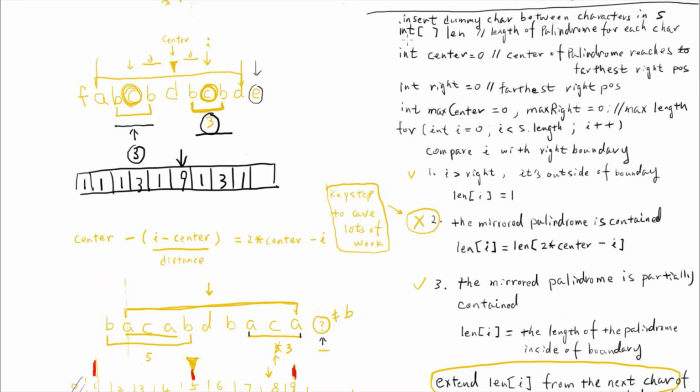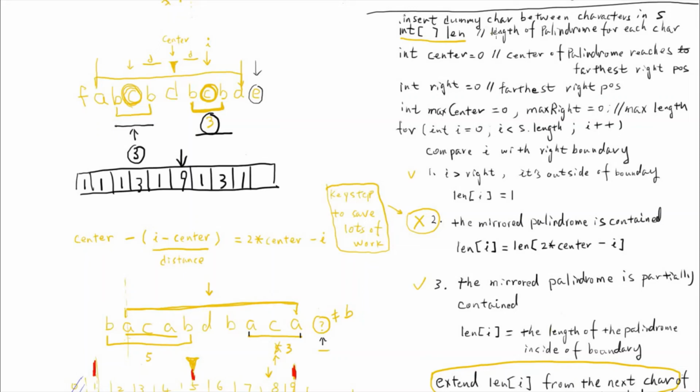Next, we will change the meaning of the integer array len. For example, the palindrome centered at the D has a length of 9. When we use the length of the palindrome for our calculation of the index, we have to divide the 9 by 2 to get the distance from the center to the boundary. If we can keep the distance from the center to the boundary, then we don't have to divide by 2 every time.